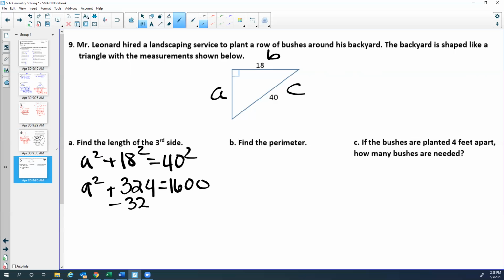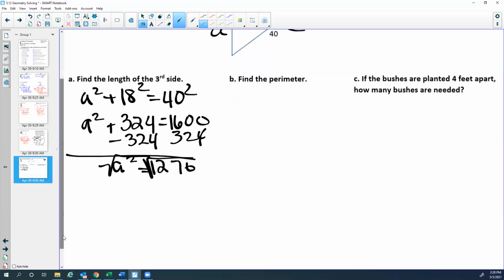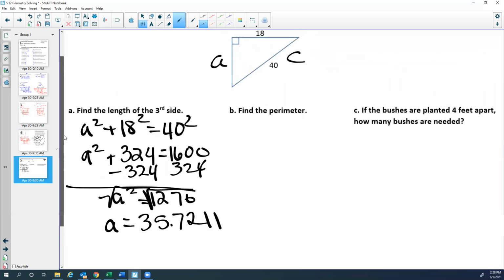Subtract 324 from both sides. A squared equals 1276. Take the square root, and we get A equals 35.7211. All right. So there is that last side length.